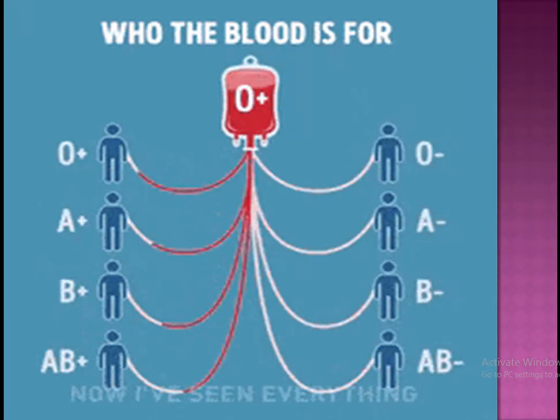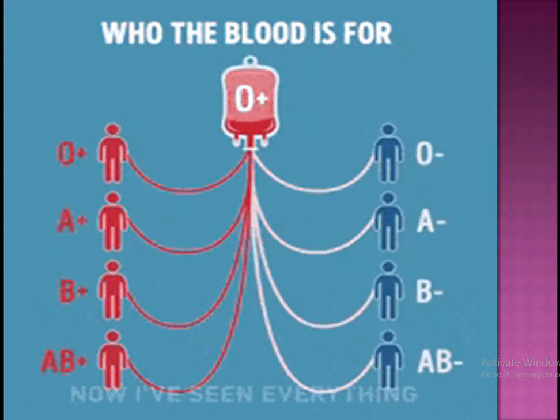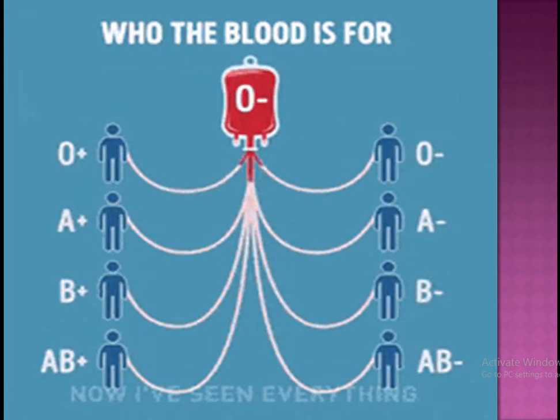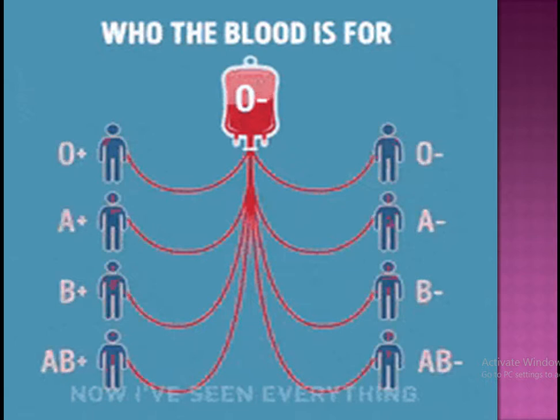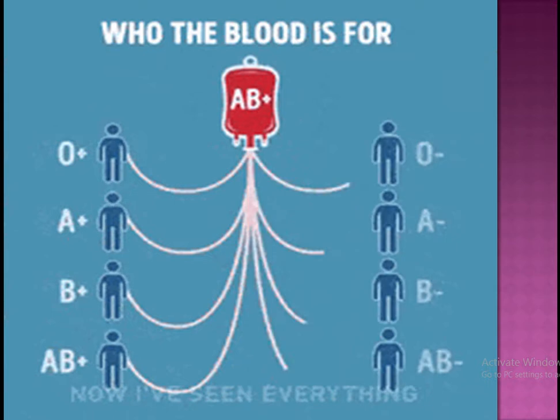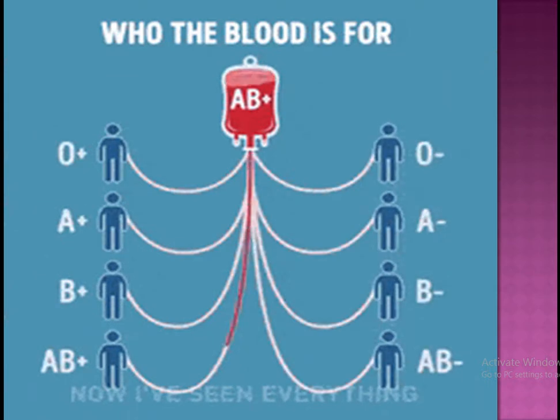O positive can be given to O positive, A positive, B positive and AB positive. O negative is the universal donor, so you can give that one to all types of the blood.